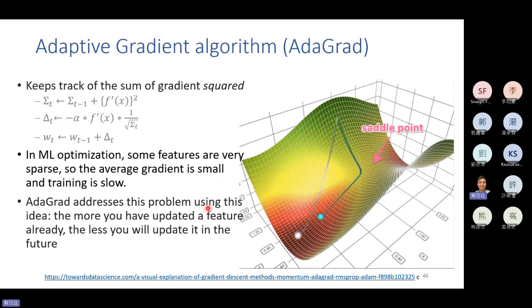So adaptive gradient will first focus on updating a set of features and then others. It will focus on maybe this direction first, and then make a turn because it's focused on another feature. It will maybe focus on feature X first, and then focus on X2. So it's like making a turn.